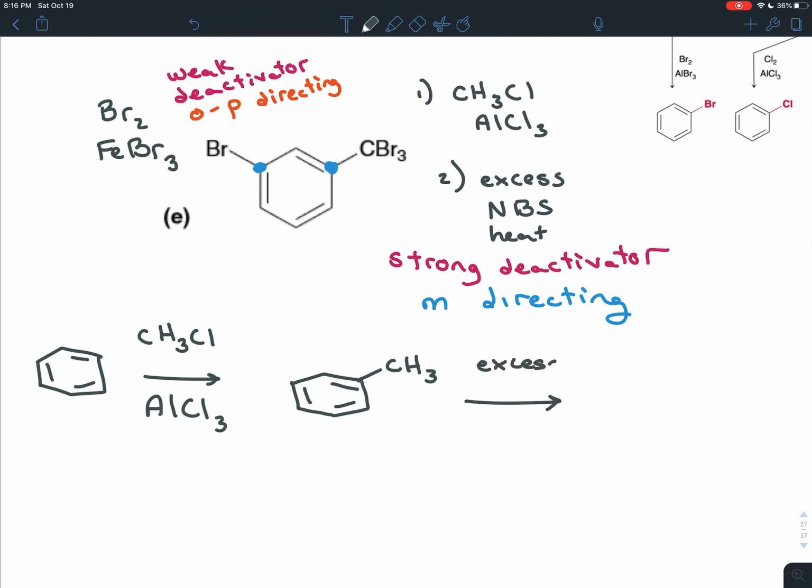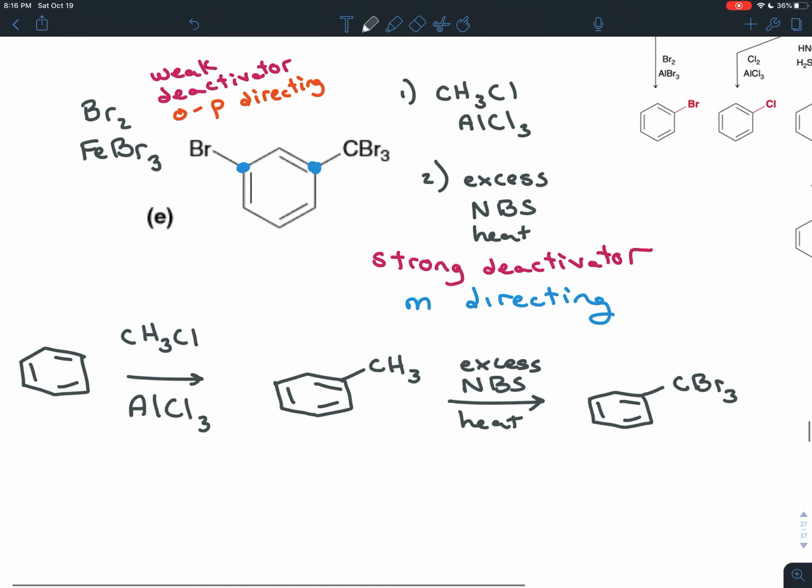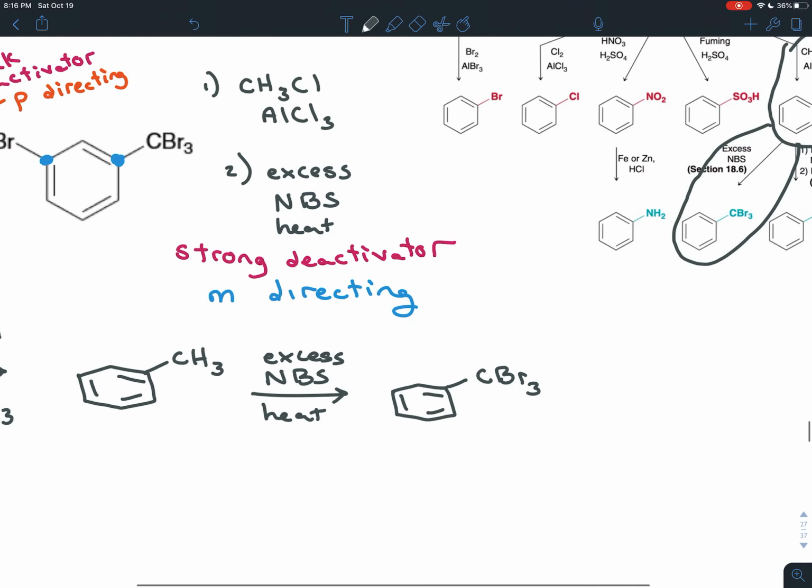Now we can use excess NBS with heat, and that replaces those hydrogens with bromines. So we have bromines. We saw how you could use just one equivalent of NBS with heat to put a bromine on the benzylic position. Here, if you use excess, you put as many bromines as you possibly can. So now we have that CX3, which is a meta-director.